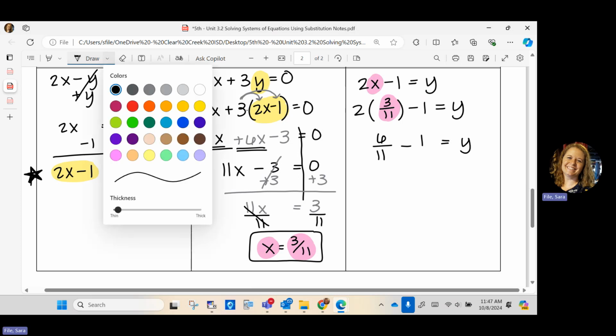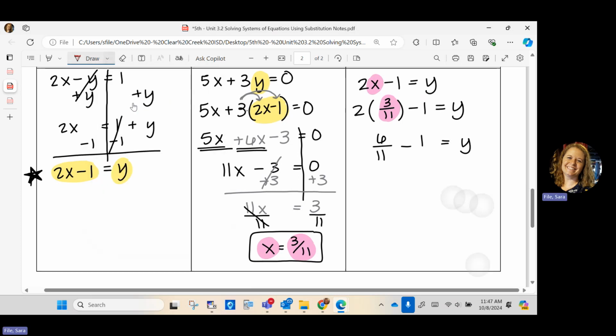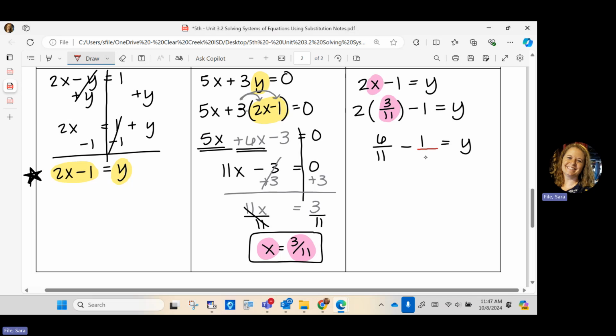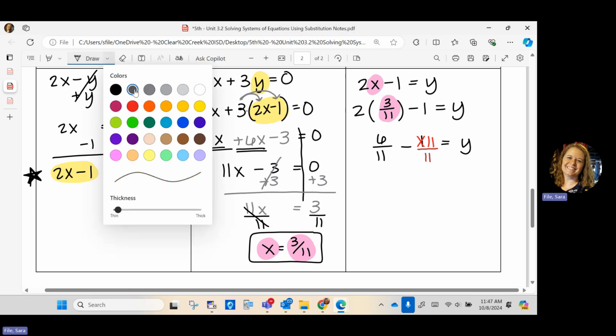Now, I'm going to get a common denominator like I did on the last one. If I want my denominator to be 11, I'm multiplying by 11. So 1 times 11 is 11. So I'm replacing the 1 with 11 over 11. That's the same thing. 11 divided by 11 is 1. Okay, but now I have a common denominator.